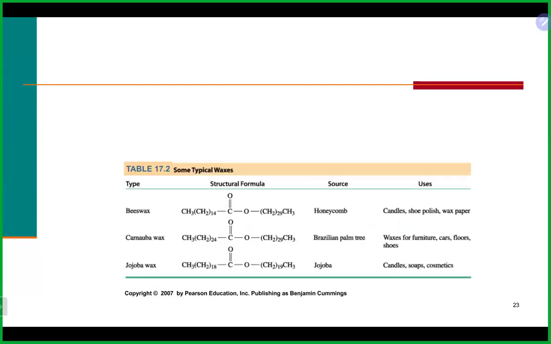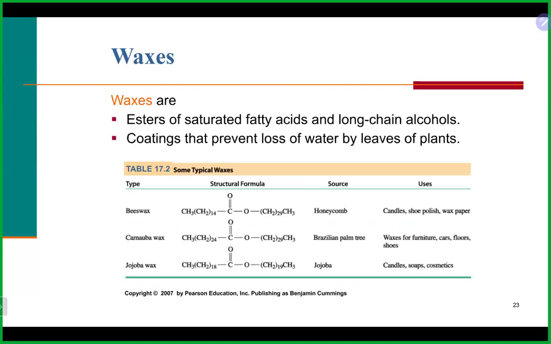All right, let's talk a little bit about waxes and other things. Waxes are esters of a saturated fatty acid and a long chain alcohol. That is, again, the same ester bond that we had in organic chemistry, which is basically that bond right there, our carbon-oxygen double bond to our oxygen to our carbon.